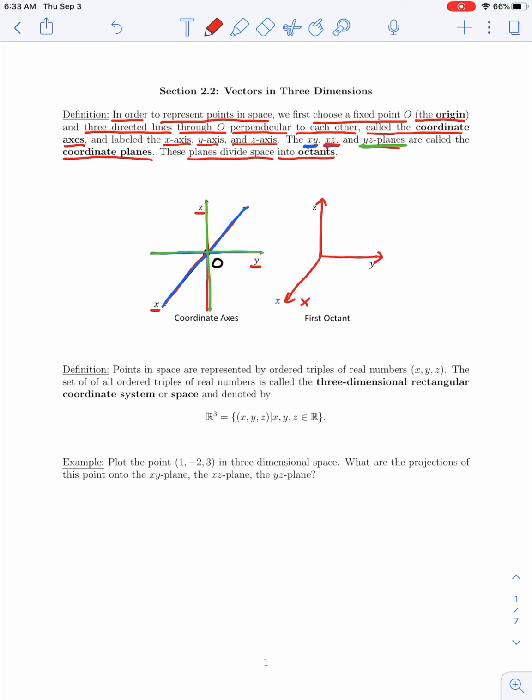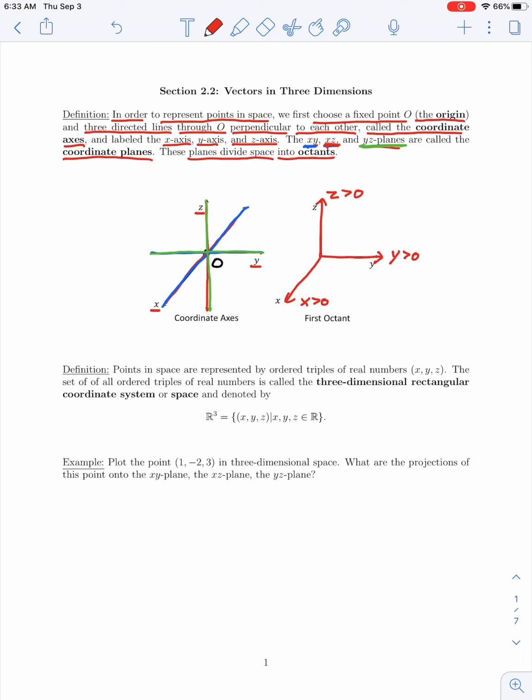So here we would have x is positive, y is positive, and z is positive. So these octants are similar to the 4 quadrants in the plane that the x and y axes divide the plane into. So in space, since we have 3 coordinate axes, we end up dividing space into 8 octants. And when we're referring to that first octant, it's the part of space where x, y, and z are all positive.